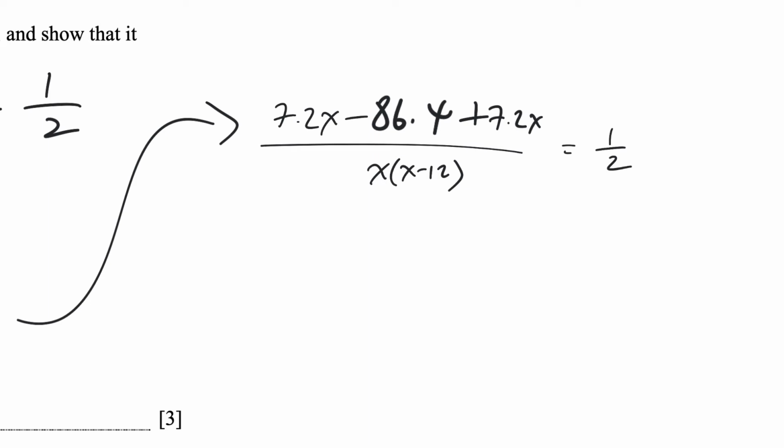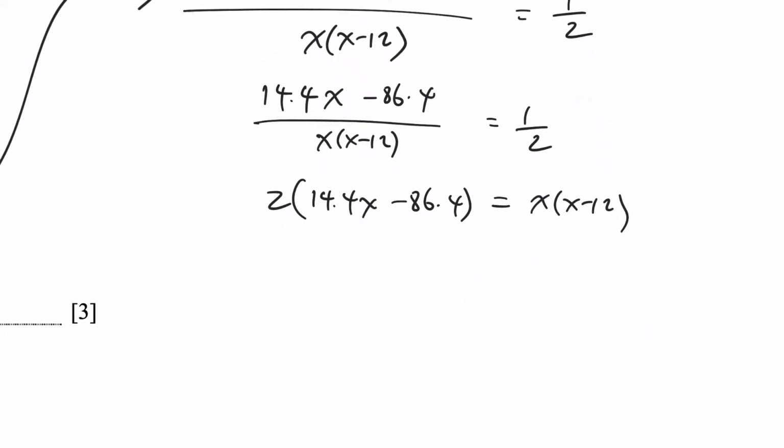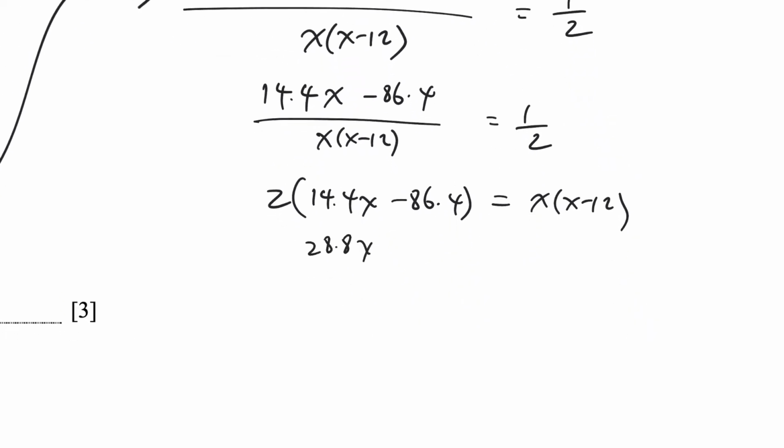Okay, this gives me 14.4X minus 86.4. Now we can cross multiply in a cleaner fashion, and this is 2X. We just keep going. This is 28.8X minus 172.8, equals X squared minus 12X.